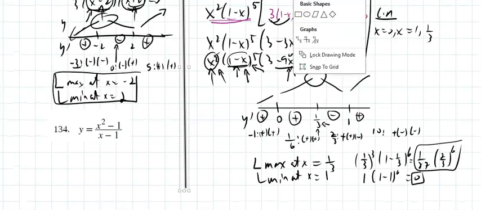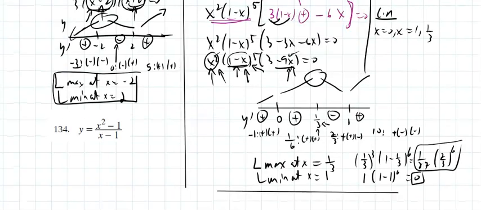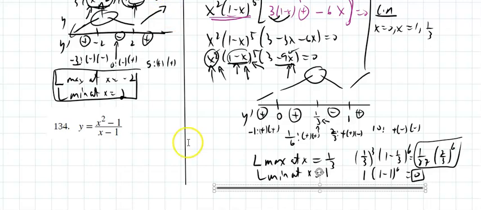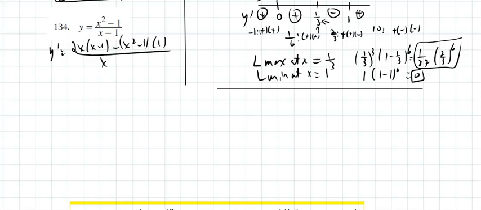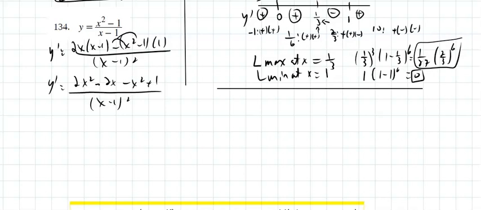Okay. And if I look at the next problem, if I take a derivative, quotient rule, derivative of the top times the denominator minus the top times derivative of the denominator all over the denominator squared, y prime would be 2x squared minus 2x, if you distribute the negative, minus x squared plus 1 over x minus 1 squared.